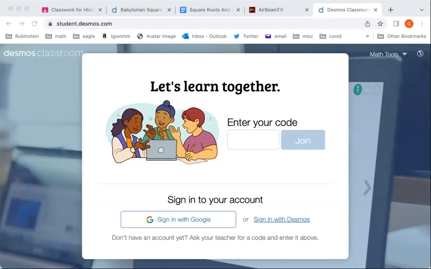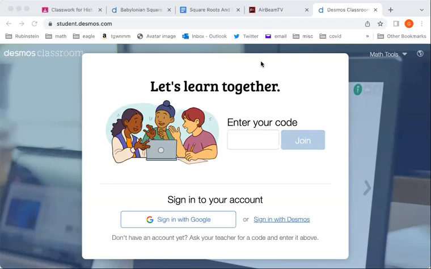Let me just grab it off of this window. Okay, so the code is 9RJMBE. I'll put it into the chat. Here, I'll send that to everyone in the meeting. Let me write it down.